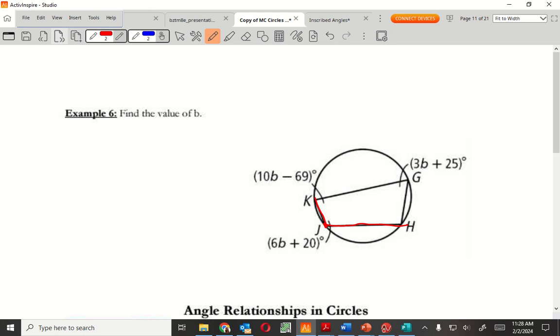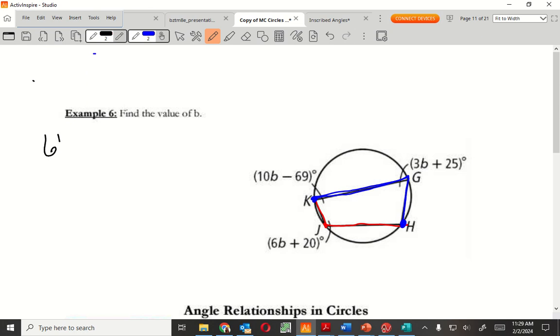So the opposite of that angle J would be using the same endpoints, which is H and K. So that means that it's going to be over here at G, using those same two endpoints. Now, being supplementary, that plus that equals 180. So I'm going to write that out like that.